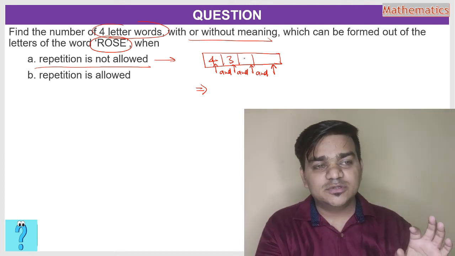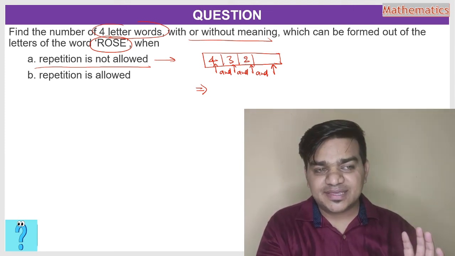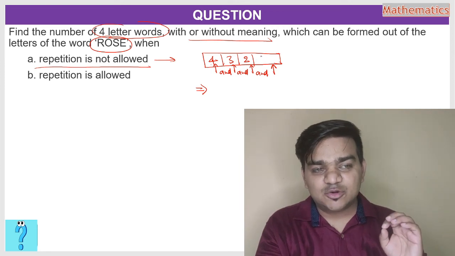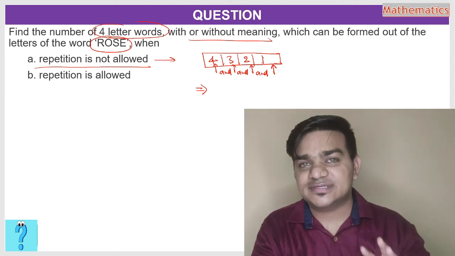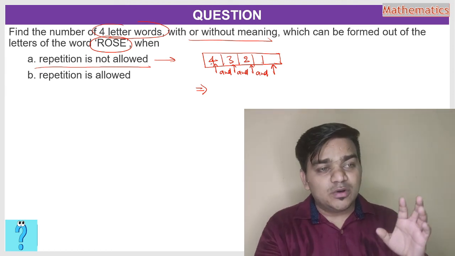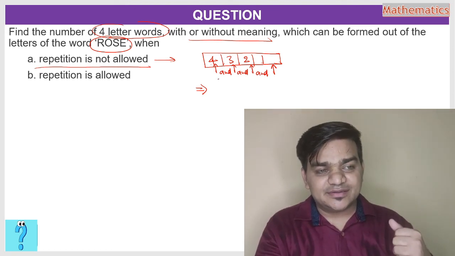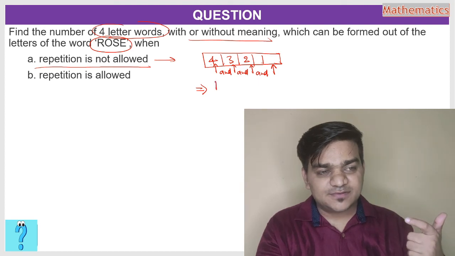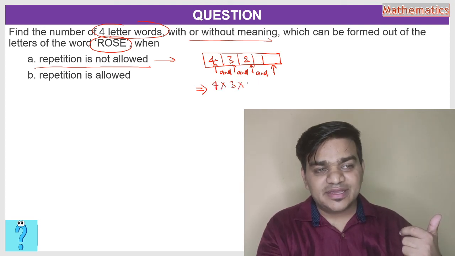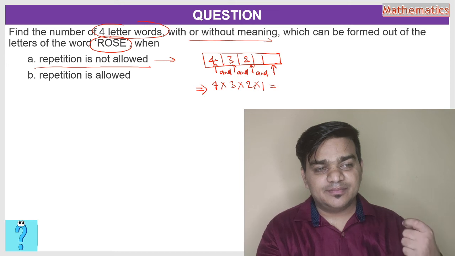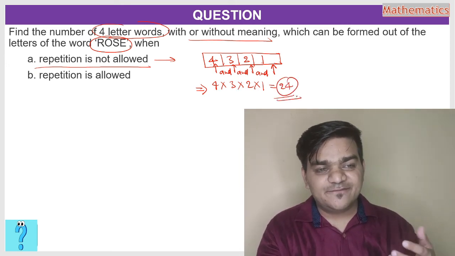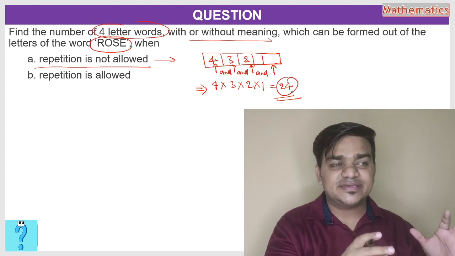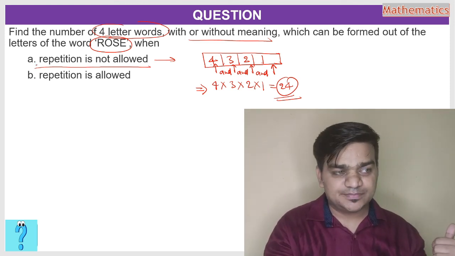So there are two options for this place and only one option for this place, because only one letter is remaining. Between all these steps there was AND. So the number of words is 4 into 3 into 2 into 1: 4 into 3 is 12, 12 into 2 is 24. So a total of 24 such words will be there without repetition.